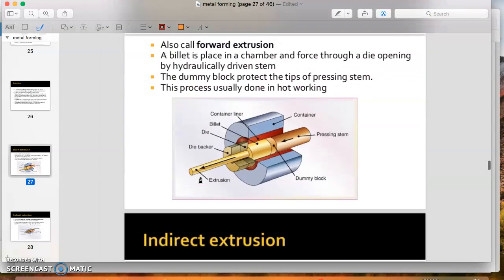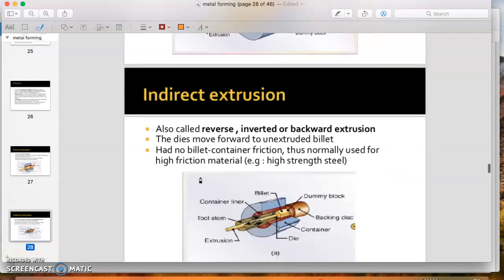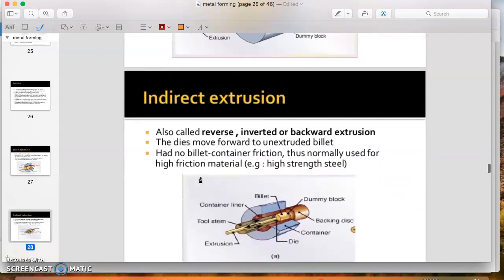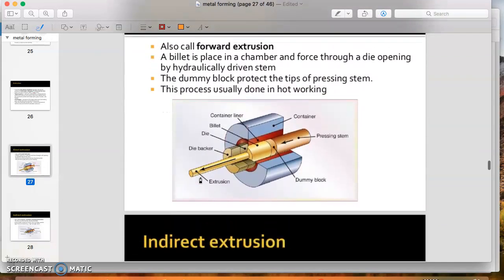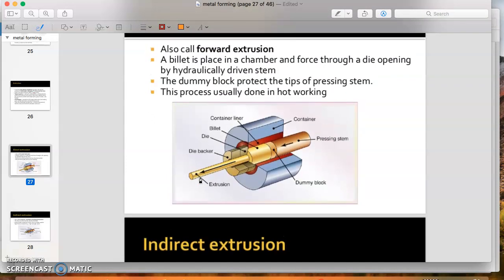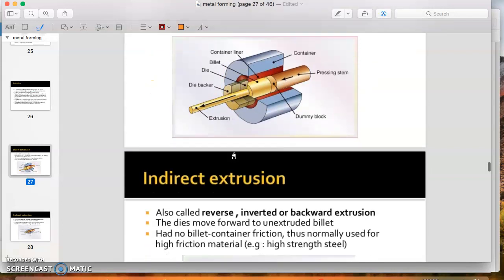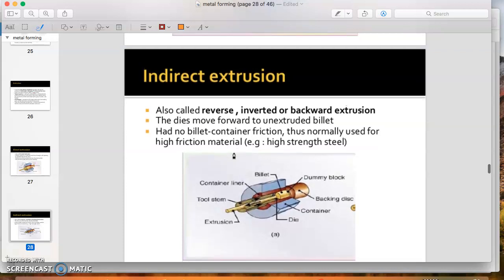So how do we differentiate between direct extrusion and indirect extrusion? In direct extrusion, the moving parts are the pressing stem and dummy block, and the die stays stationary. In indirect extrusion, the die moves while the dummy block stays stationary.